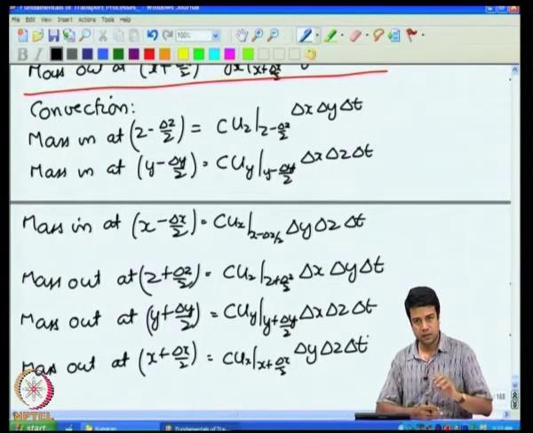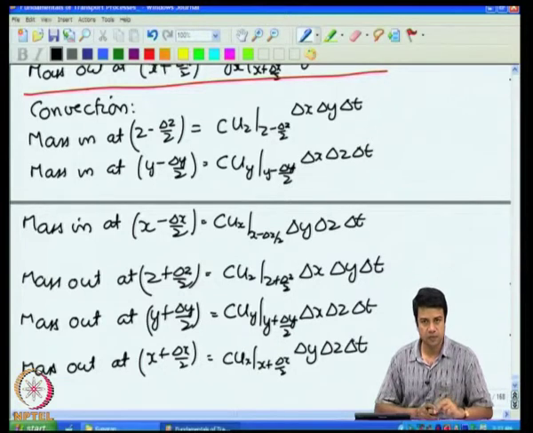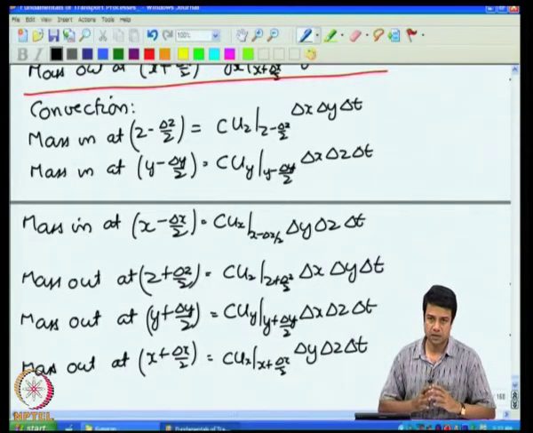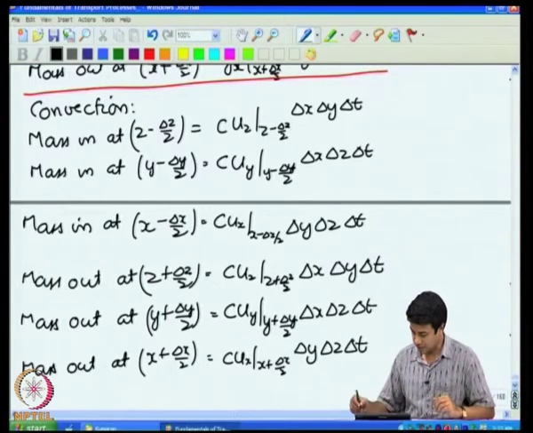Note that there are two contributions to the mass coming into the differential volume and leaving the differential volume. One is due to diffusion, the flux J x, J y and J z. The other is due to convection due to the mean velocity, that is C u x, C u y and C u z. So, these are the three contributions.